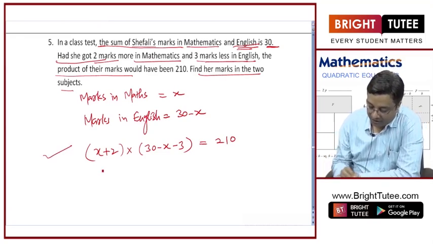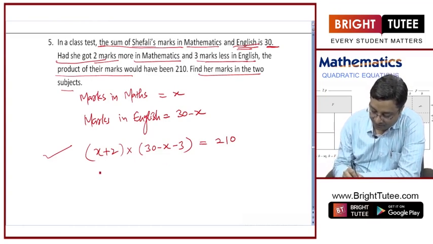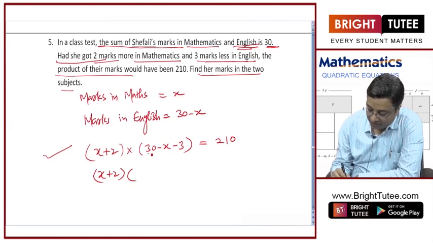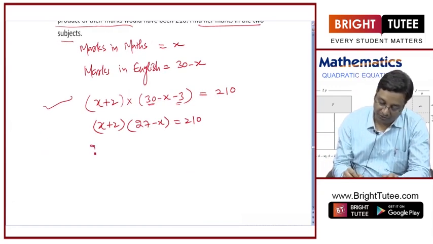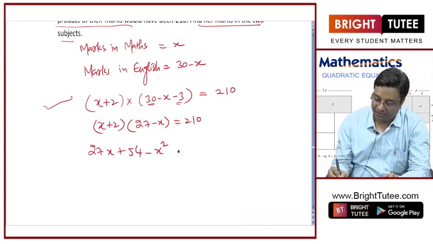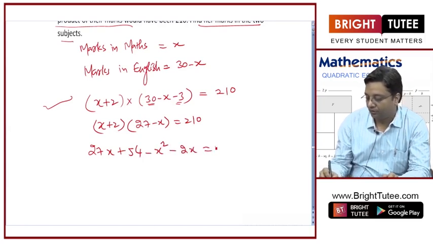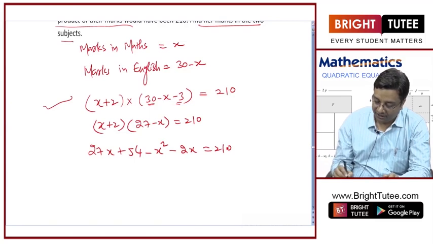Now we just need to make it a quadratic equation. So (x + 2)(27 − x) = 210, since 30 − 3 is 27. Now it will become 27x + 54 − x² − 2x = 210, right?